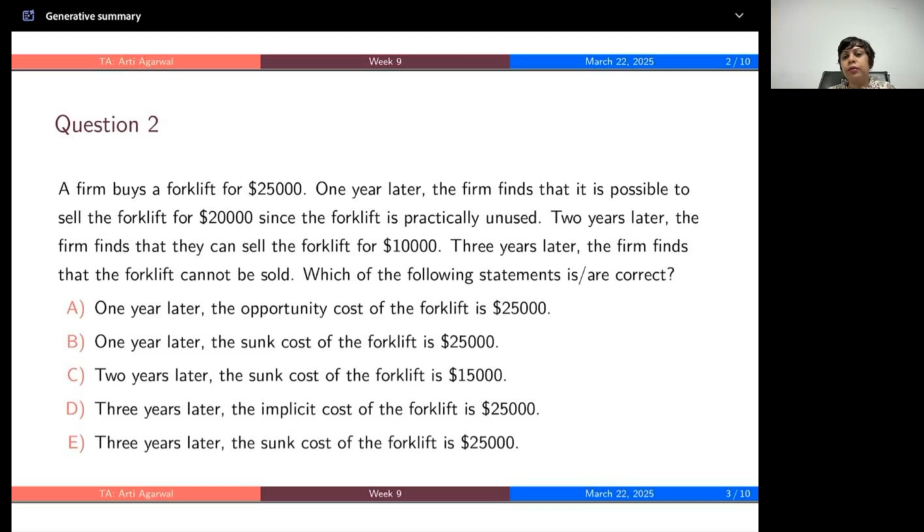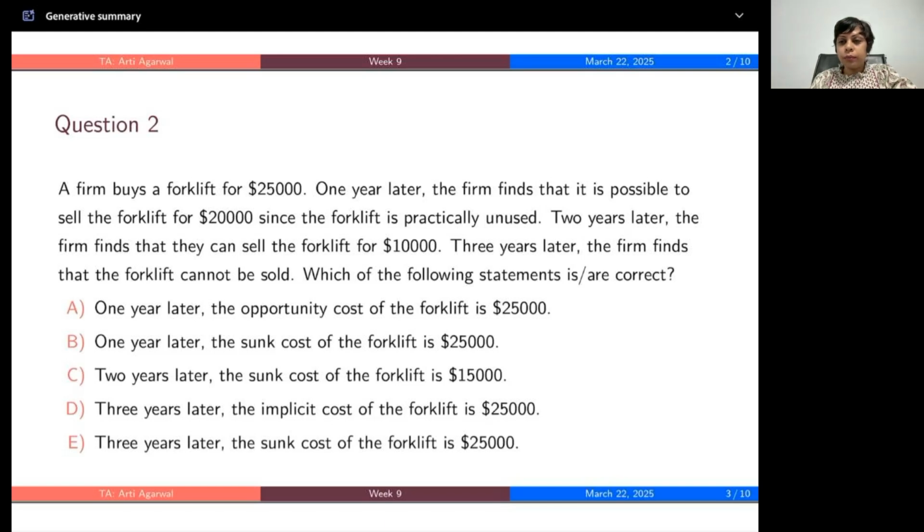So if the firm decides to keep the forklift, the opportunity cost is basically the amount it is foregoing from the next best alternative, and that is $20,000, right? Because it is foregoing those $20,000 and keeping the forklift instead. Since it can sell the forklift for $20,000 after 1 year, the opportunity cost of the forklift after 1 year is $20,000, not $25,000. Is this clear? This is the reasoning for why the opportunity cost will be $20,000.